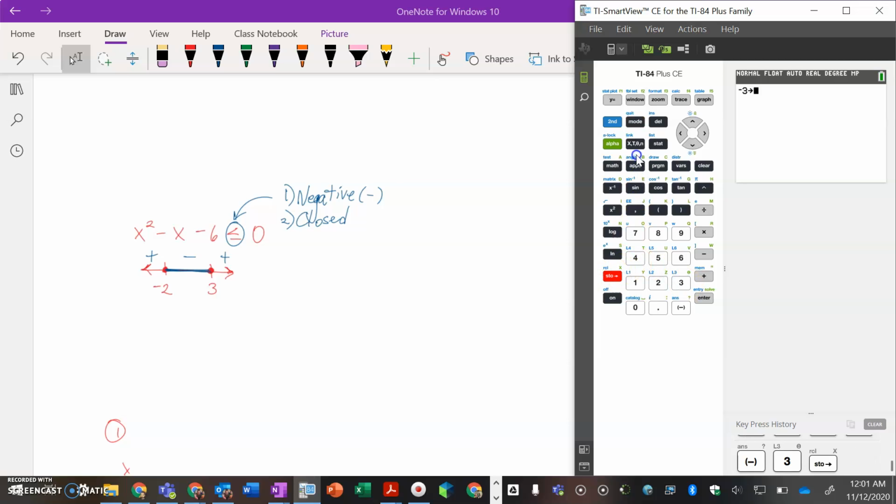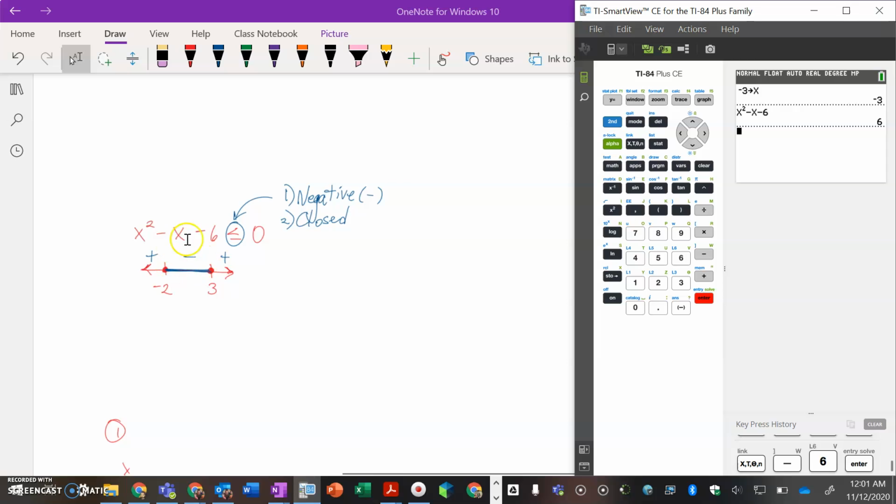If I store -3, which is less than -2, as x, and then I type in x squared minus x minus 6, if the value is positive, that is not going to be a part of my answer. If it's negative, it is, because remember, I want negative outputs. In fact, if you do that with -3 stored, you get positive outputs.